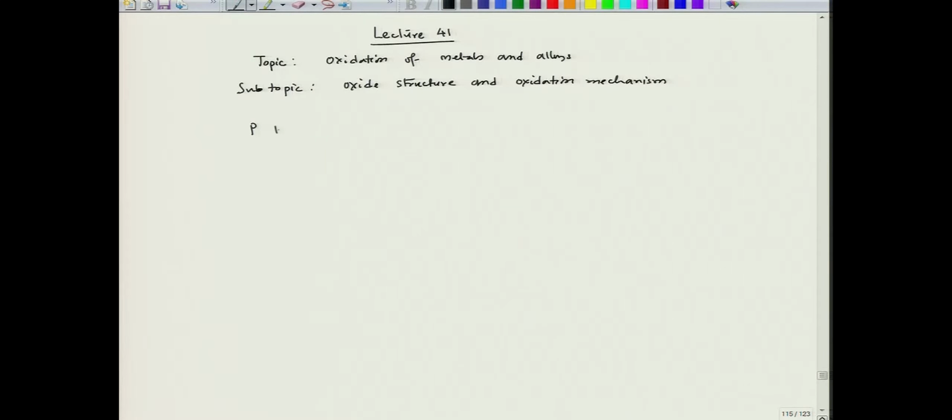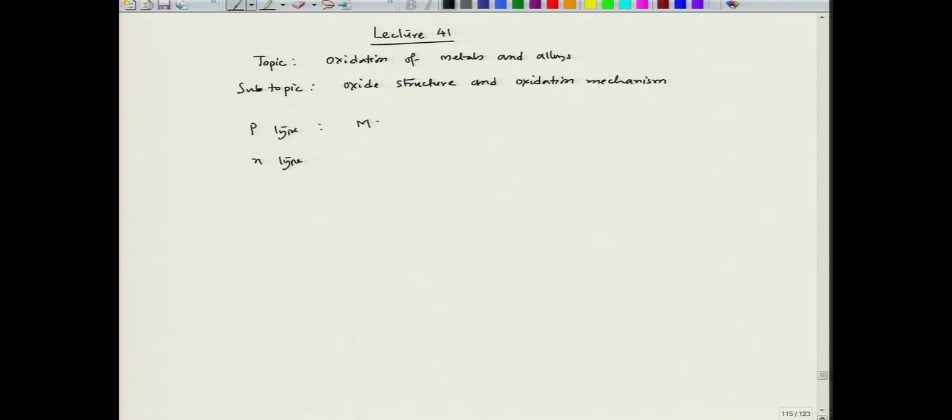In case of N type, it could be either a metal excess oxide or an oxygen deficient oxide.